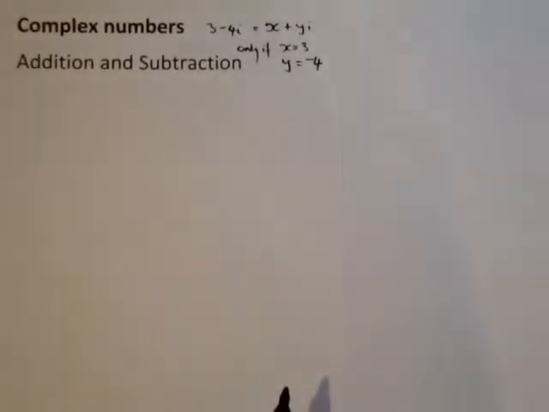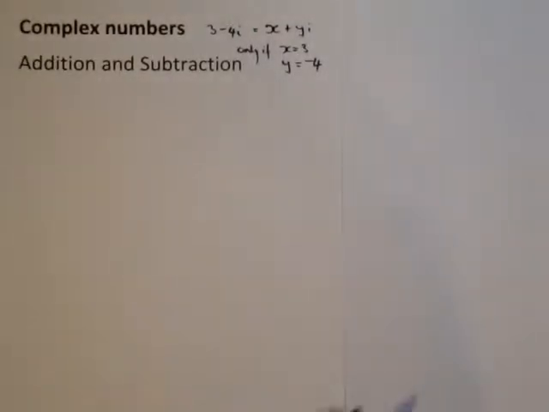So basically we can add and subtract the real numbers, and we can add and subtract the imaginary numbers together.